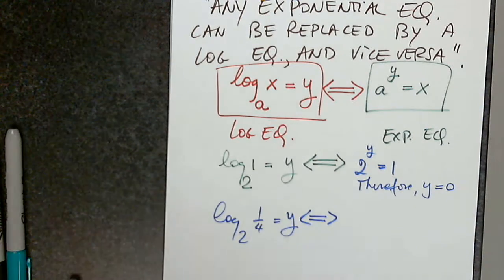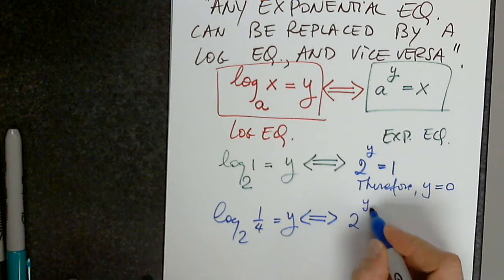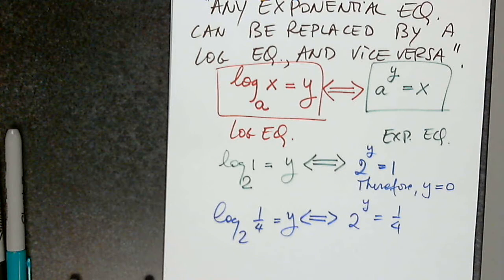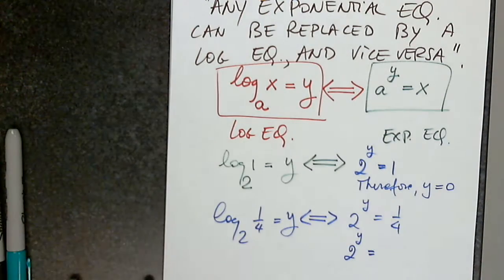So please give me the exponential equation that replaces this log equation. Good. But as we studied a few minutes ago, I have to present both sides with the same base in order to solve the equation. The left-hand side I cannot do anything to, but the right-hand side has to be presented with the same base. How do I do that?